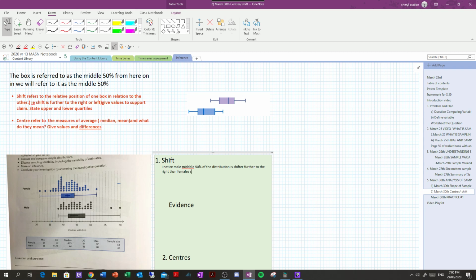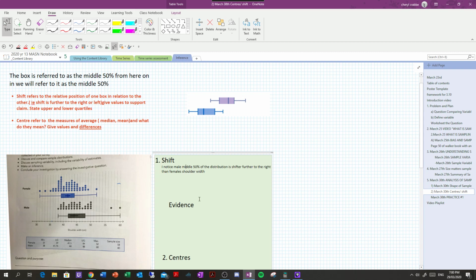If it's shoulder width, I don't know, but I'll just say shoulder width. Okay, so I noticed the male middle 50% of the distribution is shifted further to the right than the female's shoulder width. So that's just the obvious thing.